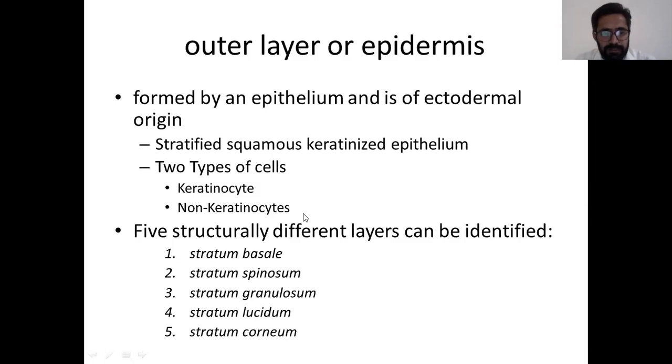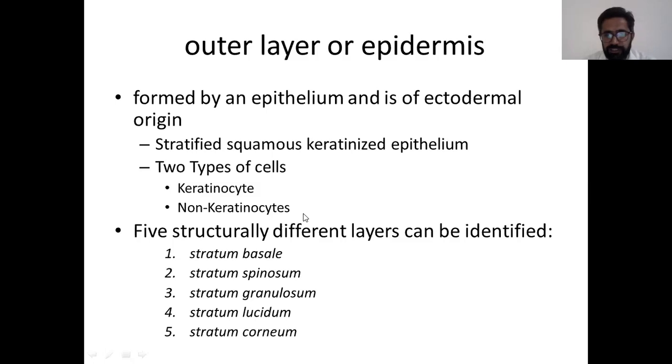Simon Masood. If we talk about the layer arrangement of the epidermis, the epidermal layer further has different layers, starting from the basement membrane, the first layer, which is stratum basale. Stratum spinosum is the second, then stratum granulosum, stratum lucidum, stratum corneum.